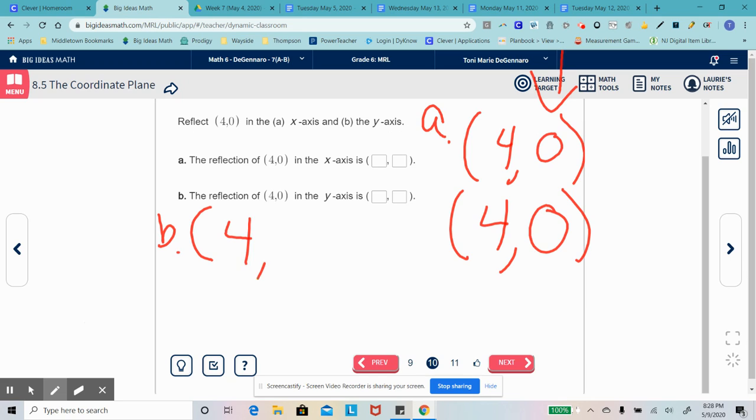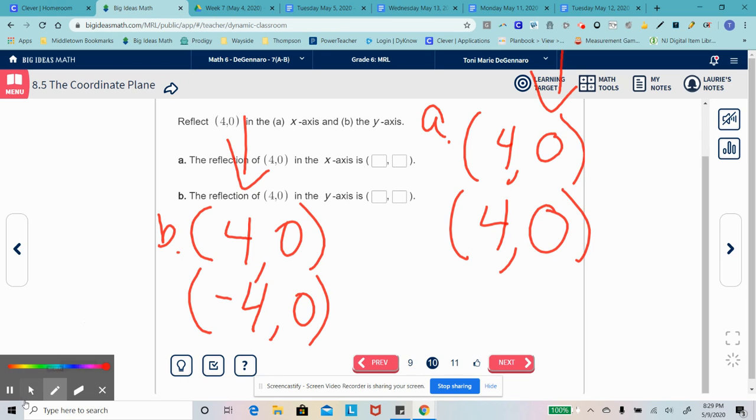Okay, and then if we do it again for B, so this is for A, this is for B. For B, it's going to be the reflection of 4 comma 0 in the y-axis, and that means that your y is staying the same, so your x is changing. So that means it's going to be negative 4 comma 0. So let's see how that goes. So I'm going to do my arrow.